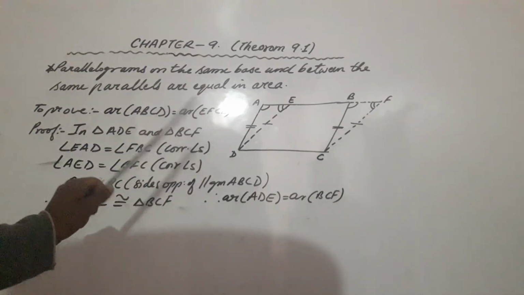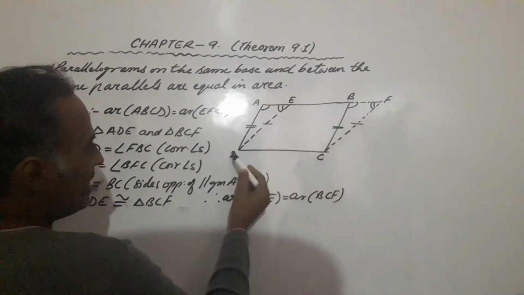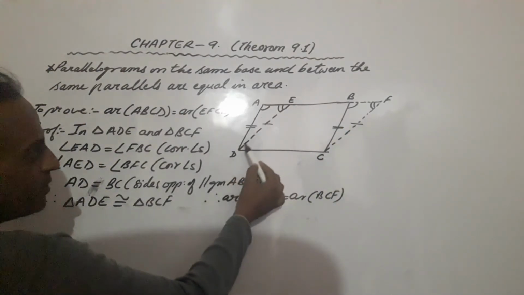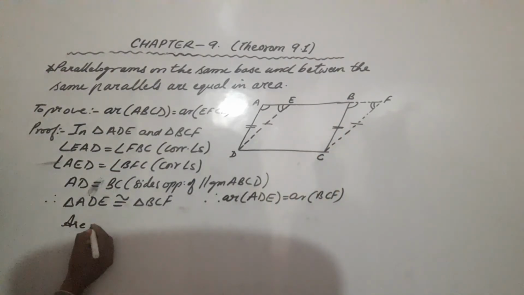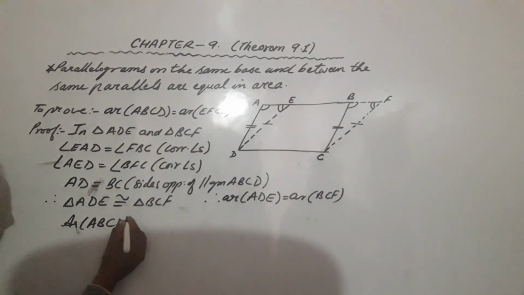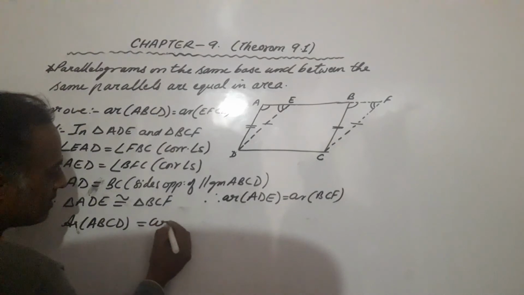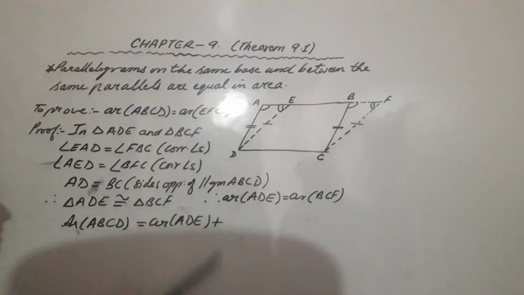In parallelogram ABCD, what do you see here? You see a triangle, plus you also see this portion. So we'll write here: area of parallelogram ABCD is equal to area of triangle ADE plus, do you see anything else here?